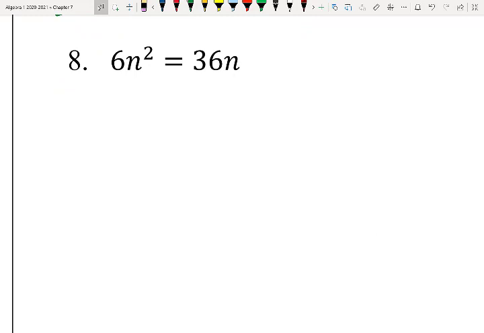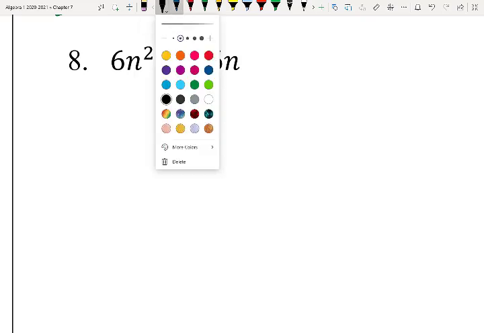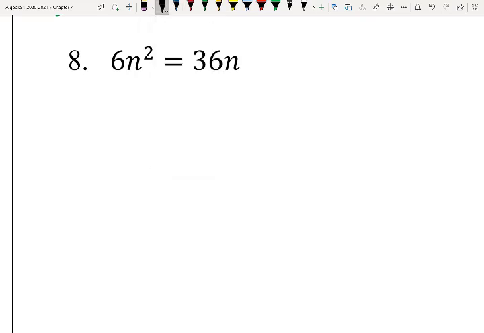Number 8 is 6n squared equals 36n. The issue here is not only do I have an n squared and an n term, I don't have that 0, the zero in ZPP. I don't have something set equal to 0. So the first step is rearranging my equation so that I have 0.